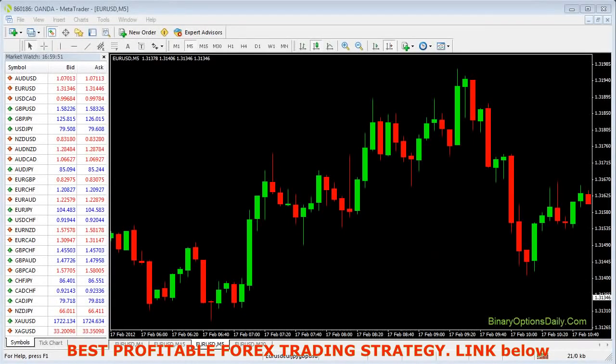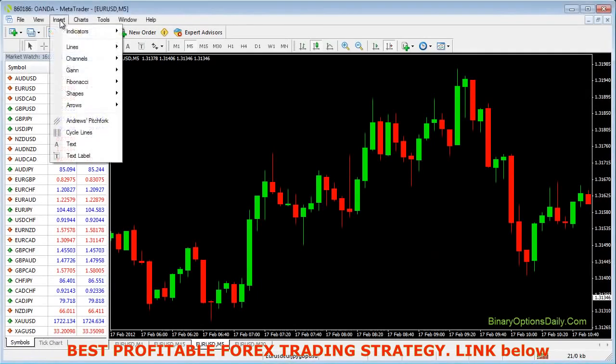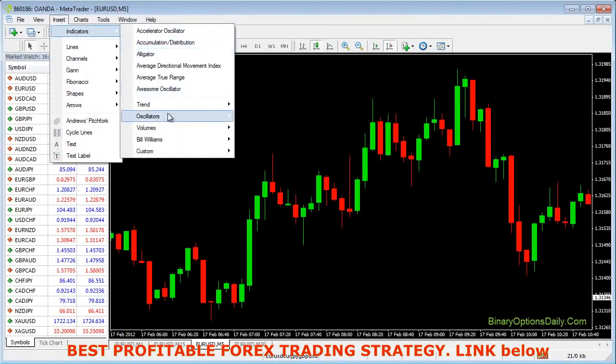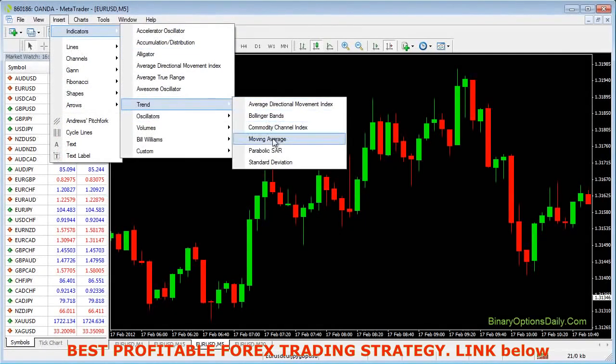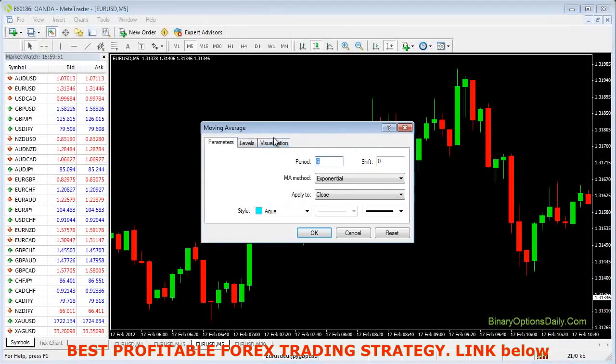The first thing we need to do is add 3 exponential moving averages. I am in MetaTrader right now, and the way that we add this is by going to Insert, Indicators, Trend, and clicking on Moving Average. And of course, if you're in a different charting software, you are more than welcome to add these as well. It should hopefully have all the same options that you're allowed to choose from.